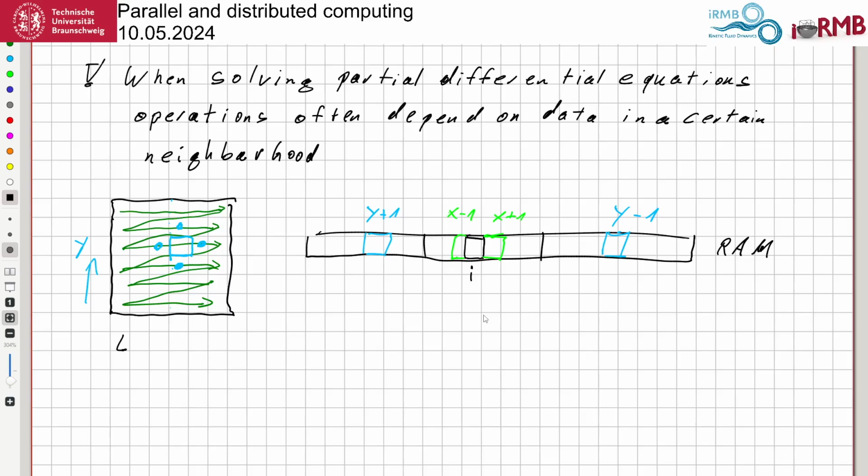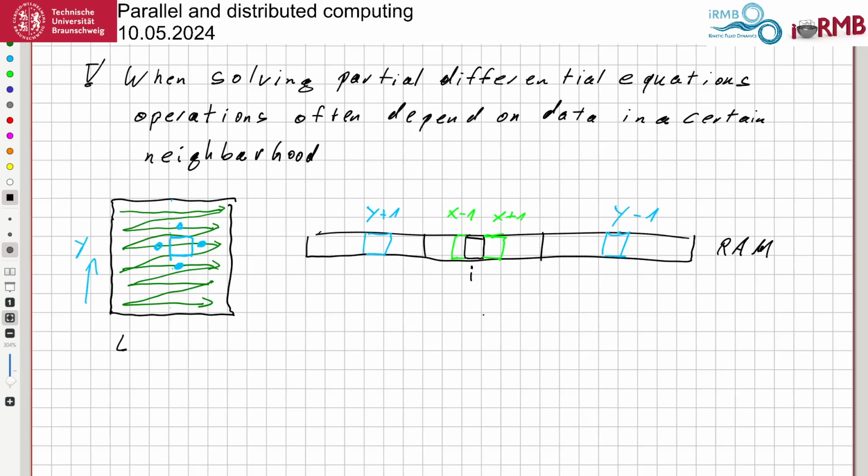The operation that we are going to do in this homework is that we average over the physical neighbors. The physical neighbors are not necessarily the neighbors in memory. So you need the data from the two neighbors in the x direction, and you need the data from the two neighbors in the y direction.